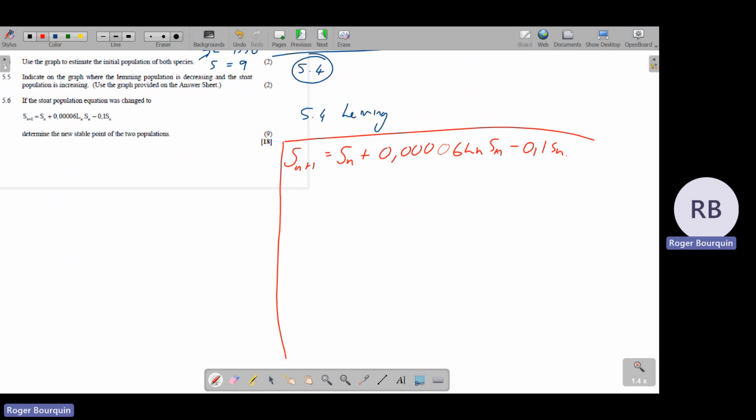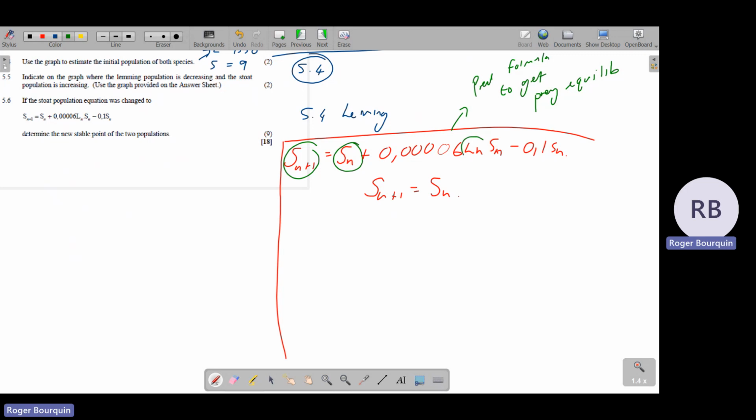Okay, so guys, what's the key idea here of equilibrium? At equilibrium, what happens? The key idea is what? S(n+1) is equal to what? Okay, so let's go check this. Remember, we use a predator formula to get prey equilibrium.